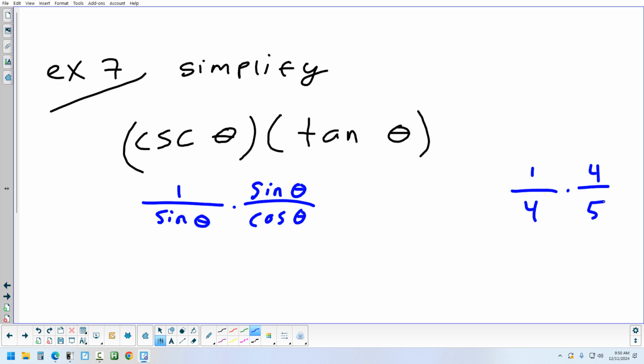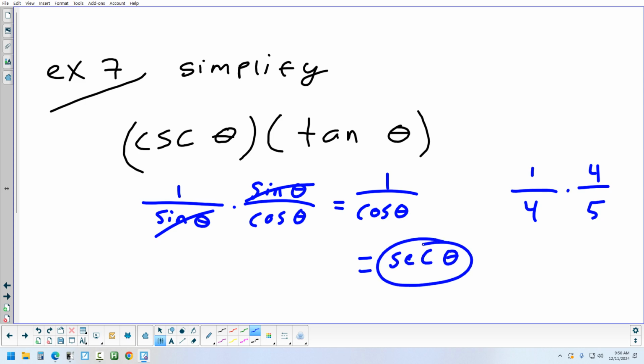You can cross out the sines, and you're left with 1 over cosine. And what's a simpler way to write cosine flipped instead of 1 over cosine? Secant.